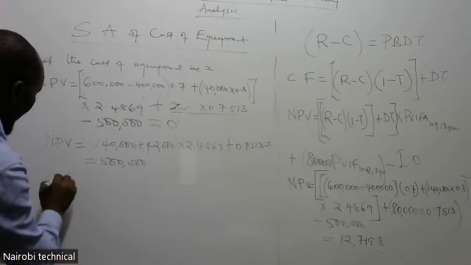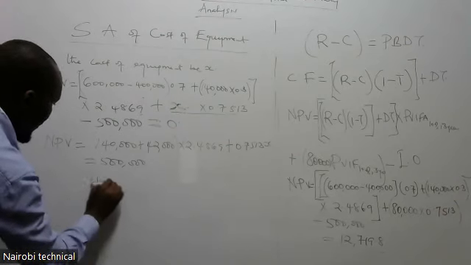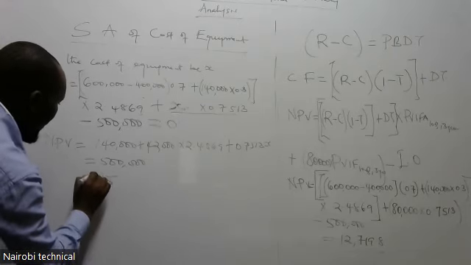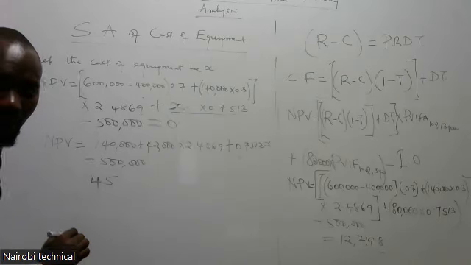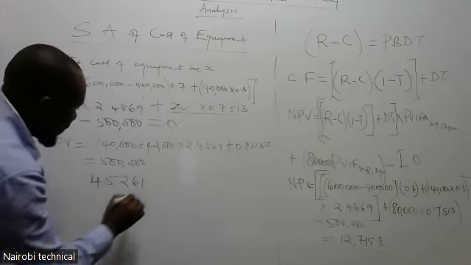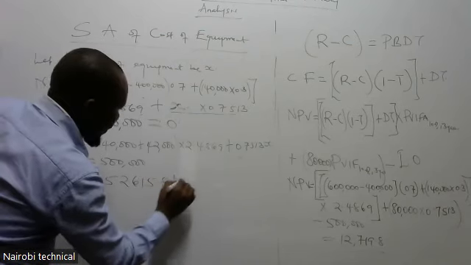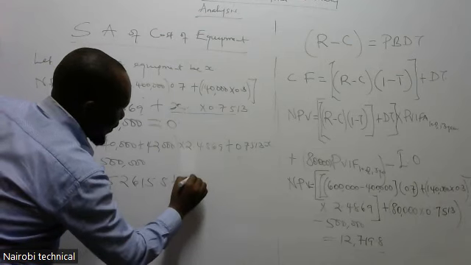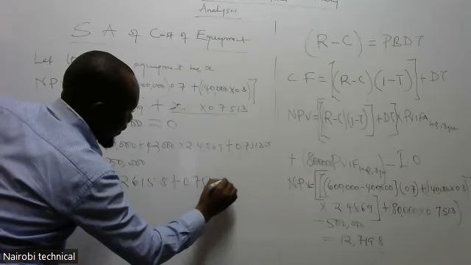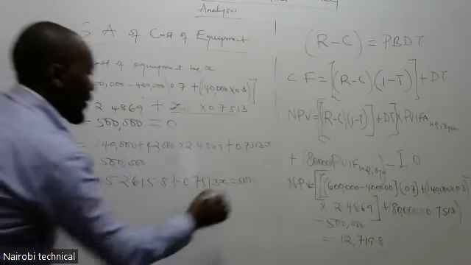So NPV, in fact, now we can just say that 42, no, 45, sorry, 45 to 615.8 plus 0.7513x is equal to 500,000.